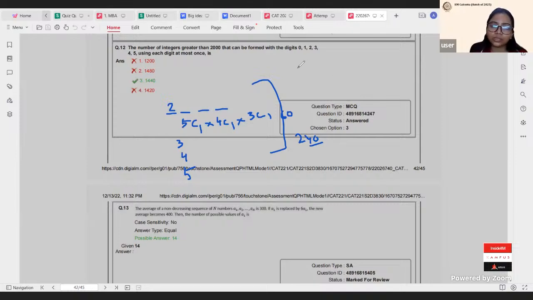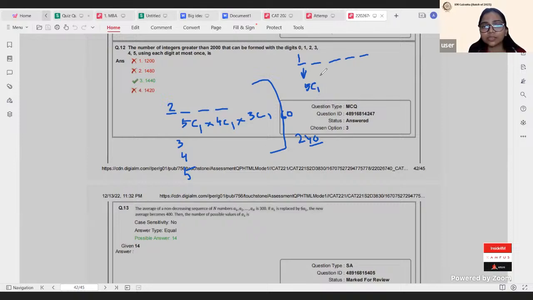Calculating the 5-digit numbers, it cannot start with 0 for sure. So it can only start from 1. So in this case, it can be 1, 2, 3, 4, 5, which are 5 values. So this can be like 5C1. And we follow the same drill for the rest.